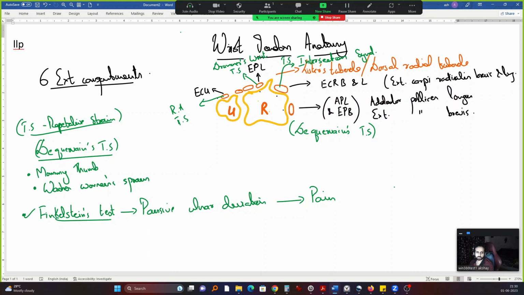If this is the hand, in De Quervain's tenosynovitis the pain is classically in this area.